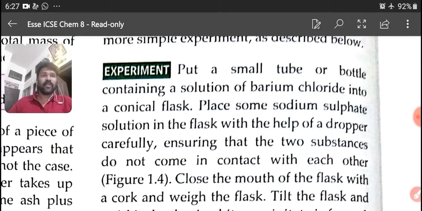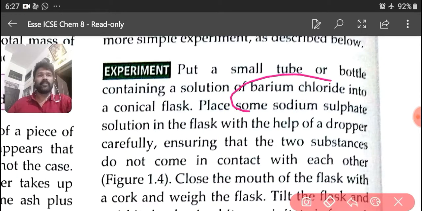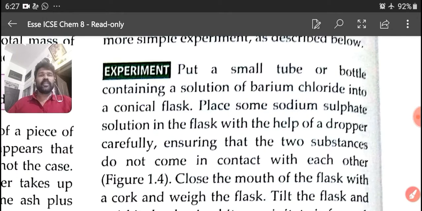Put a small tube or bottle containing a solution of barium chloride into the conical flask.